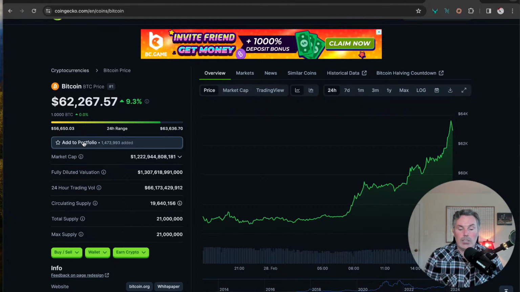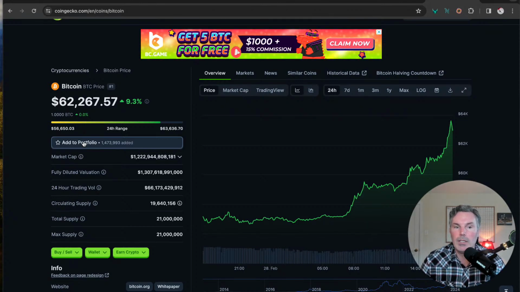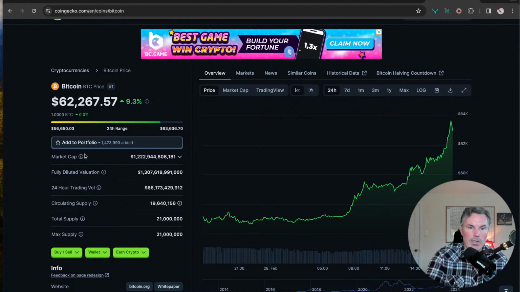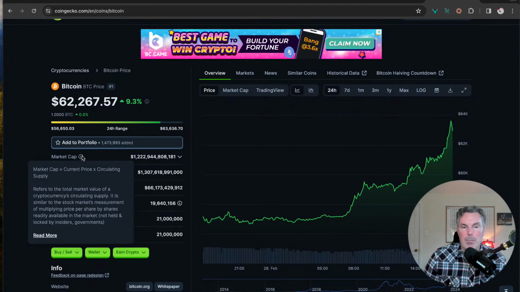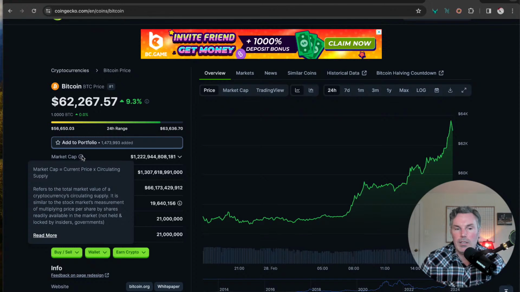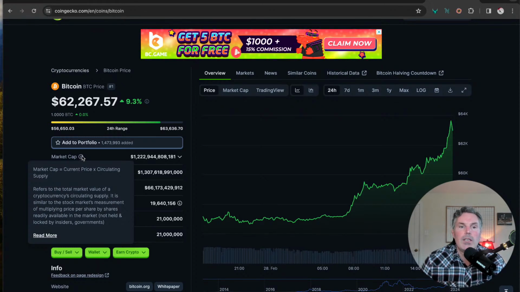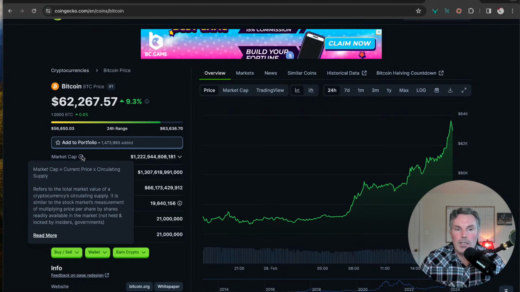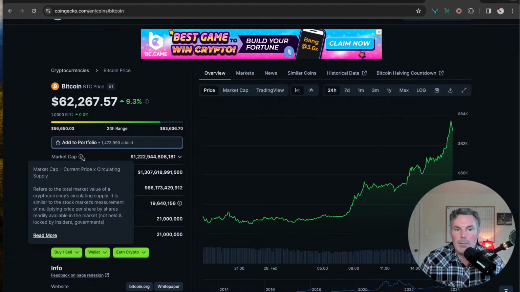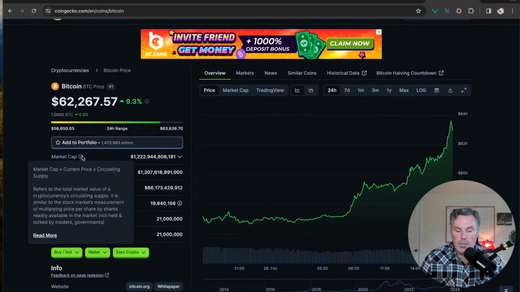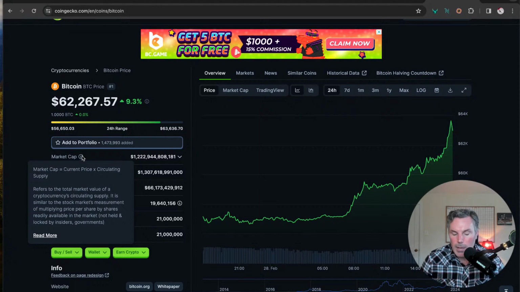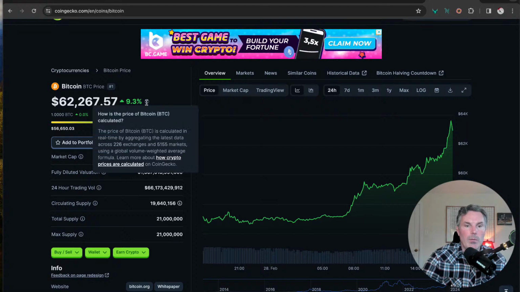So that's actually how the market cap is calculated. It's kind of like the inverse calculation. So you take that current price and multiply it by the circulating supply, you're going to get the market cap. If you want the price, you calculate by dividing market cap by circulating supply. All right? So I hope that makes sense.